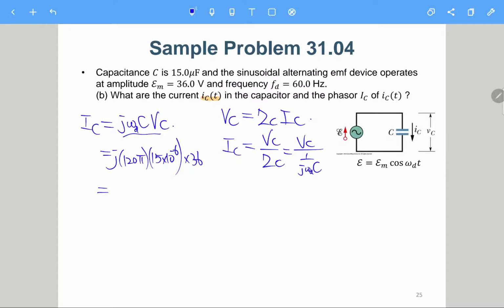So we will get j 0.203 A. So this is the phasor.